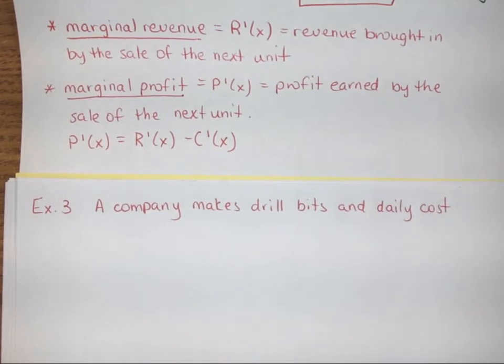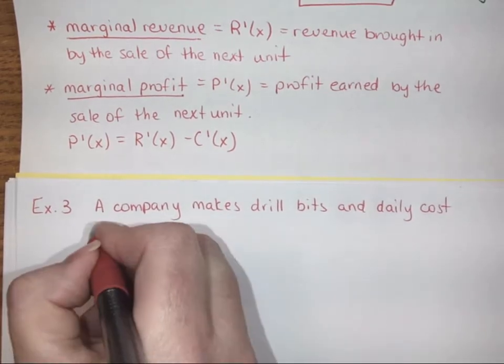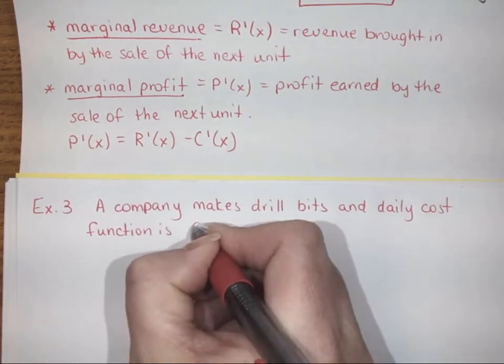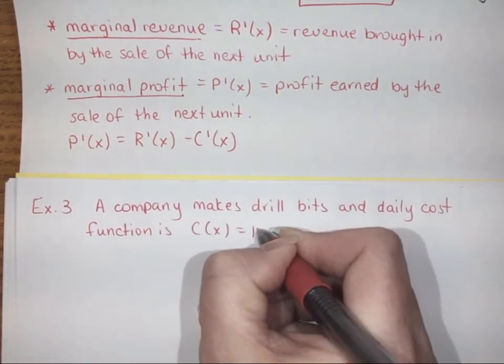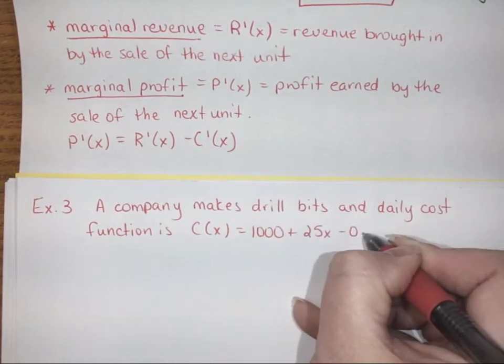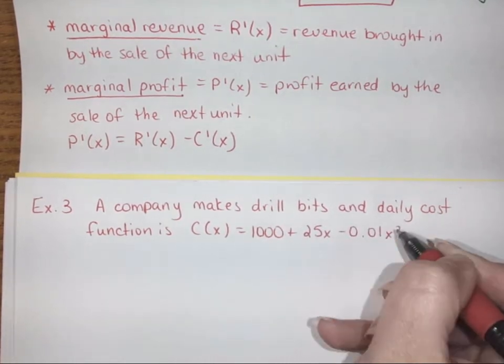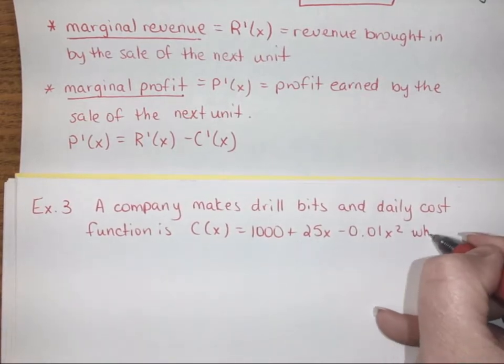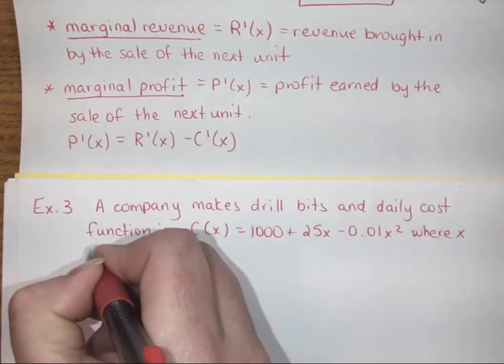But let's say a company makes drill bits and the daily cost function is C of x equals 1,000 plus 25x minus 0.01 x squared, where x is the number of drill bits.